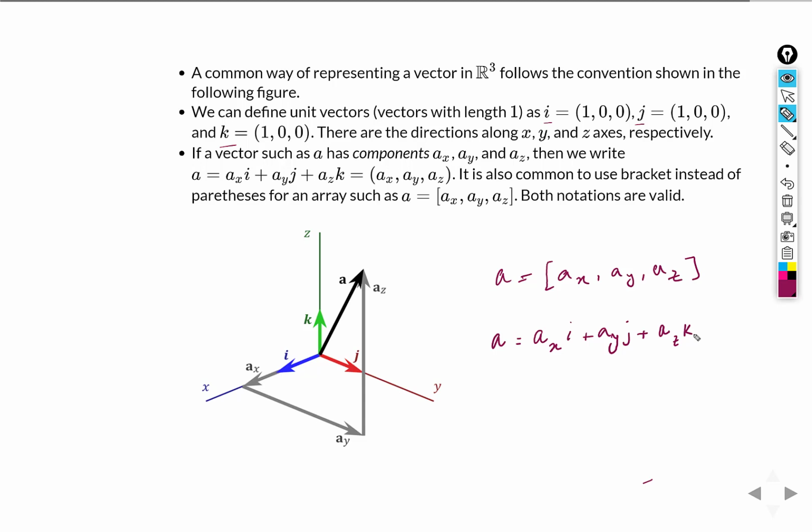In other words, i, j, and k are the direction, and ax, ay, and az are the magnitude. And using these 3 coordinates, we can uniquely move from the origin to the point that is the terminal point of our vector.